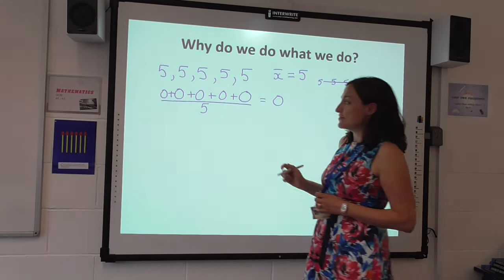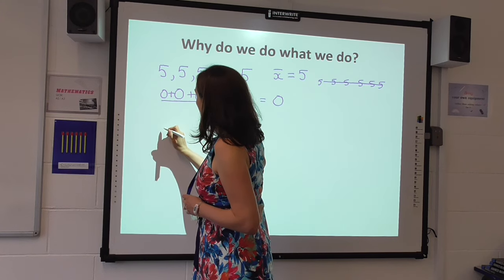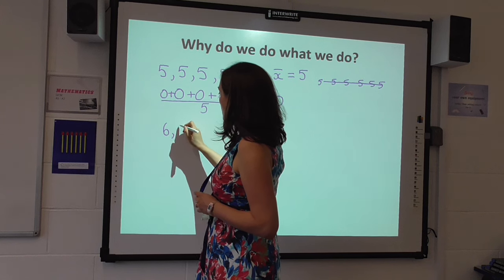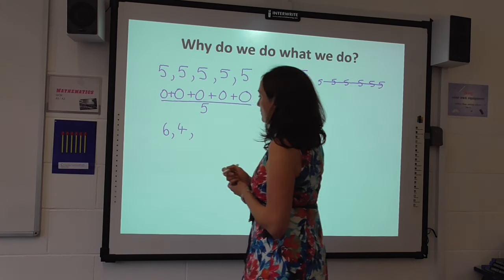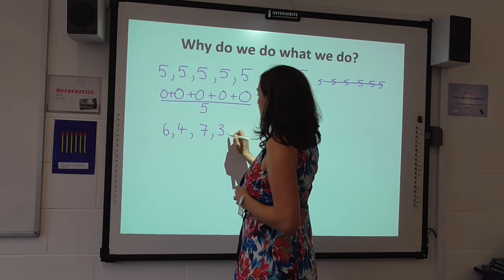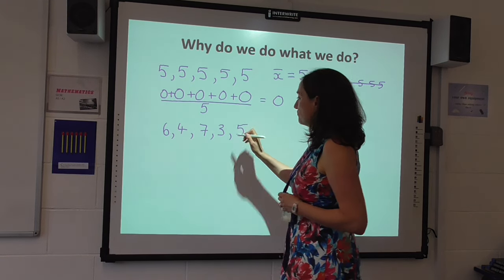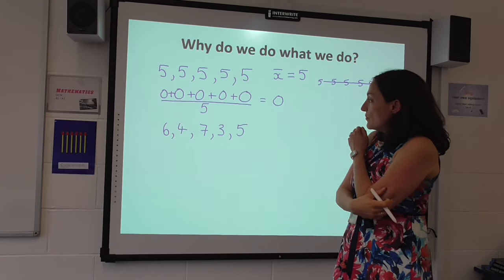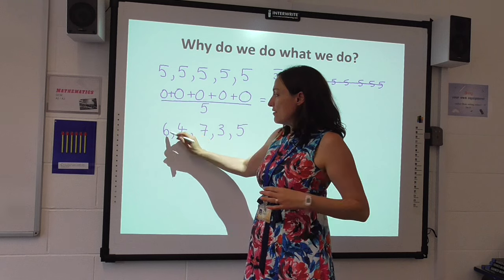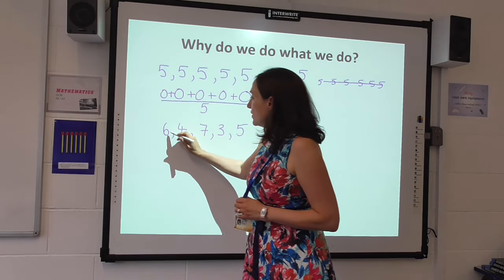Let's try it with another set of data. Let's try 6, 4, 7, 3, 5. Seems reasonable. Okay, so let's do it first of all thinking about how far the data is from the mean again.